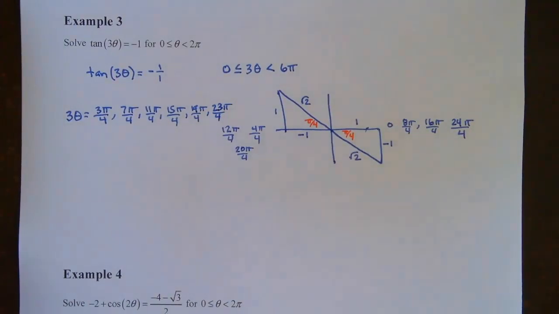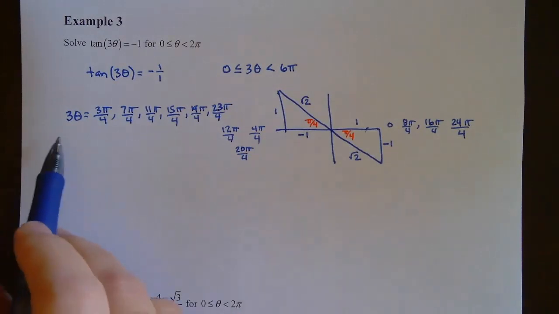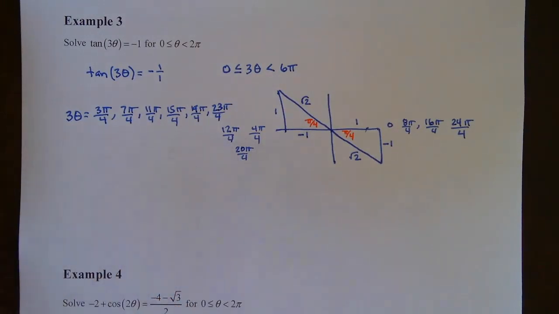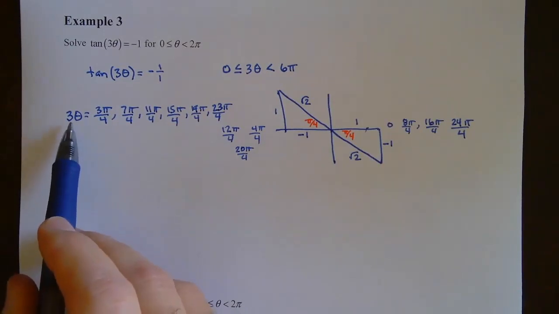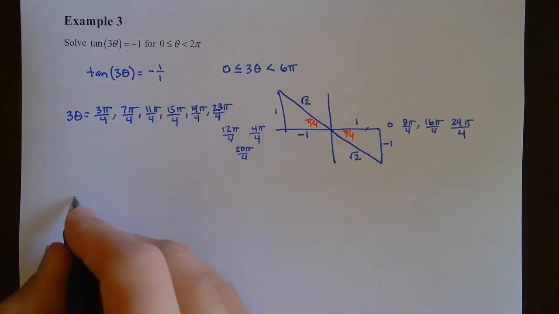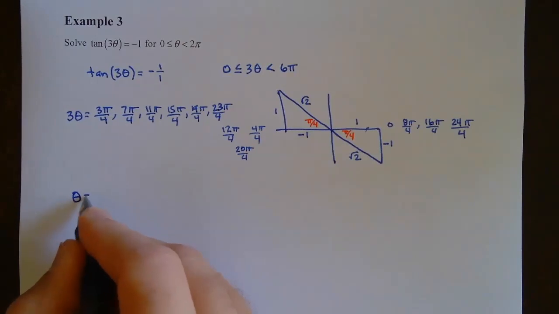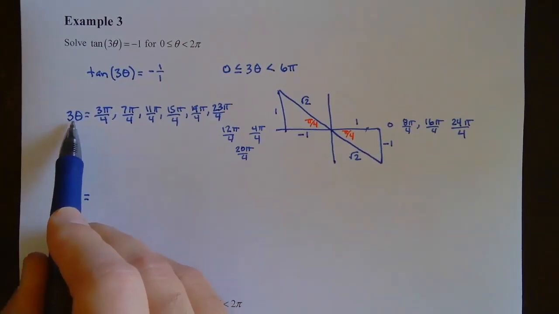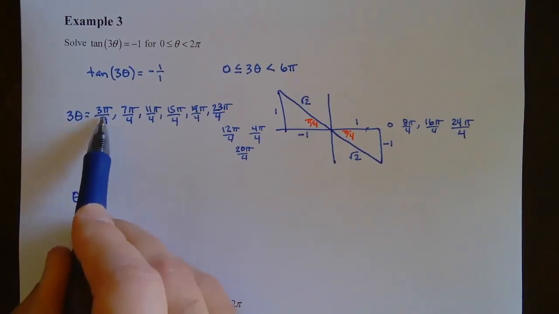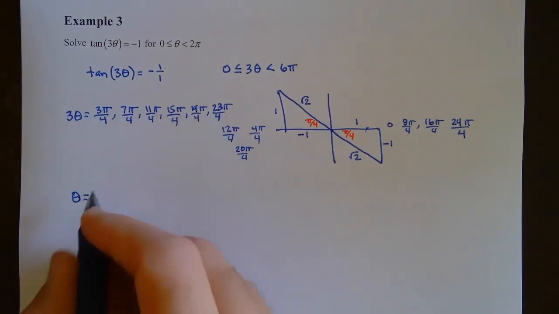So these are all the angles that solve 3 theta, right? 3 theta could be any of these angles. Now, what I want to do next is multiply to get theta. To get theta by itself, I'd have to multiply by 1/3. So I'd have to multiply this one by 1/3, this one by 1/3, all of these by 1/3, right?